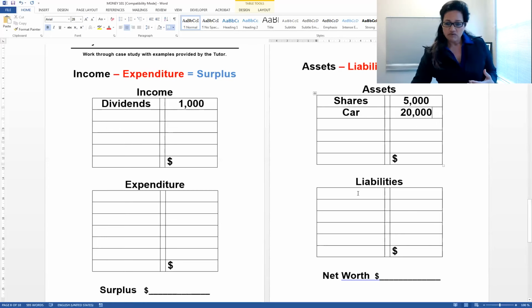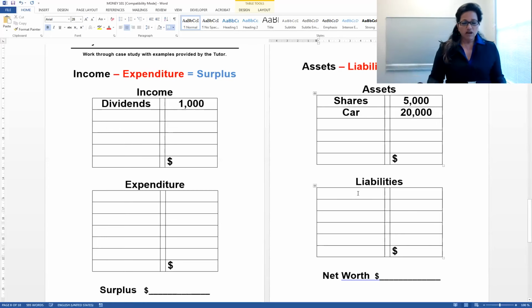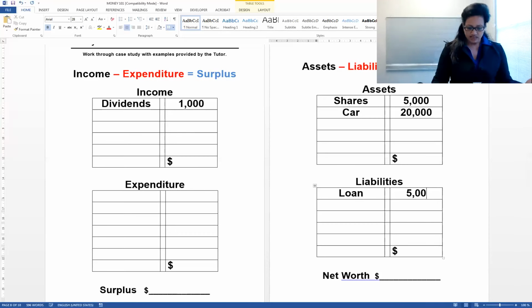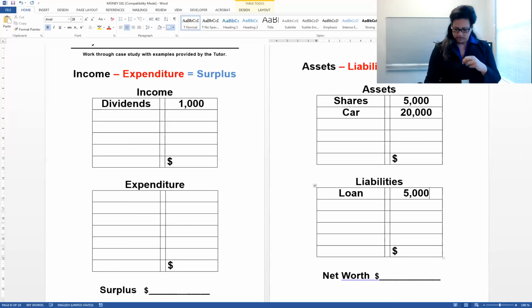And we know that mum giving you a loan, we need to record as something that we owe to our mum as a liability. So our loan to mum, thanks mum, of $5,000. So we've got that recorded as well.